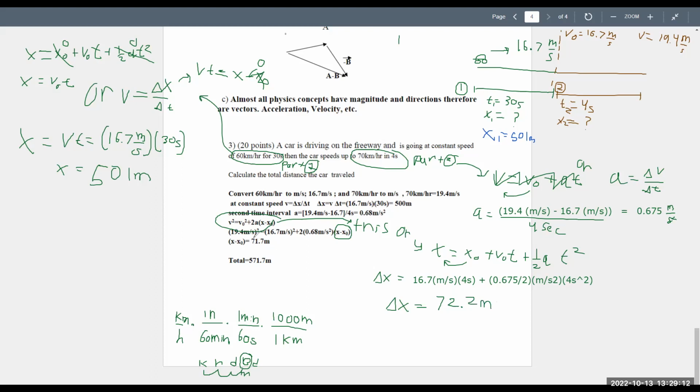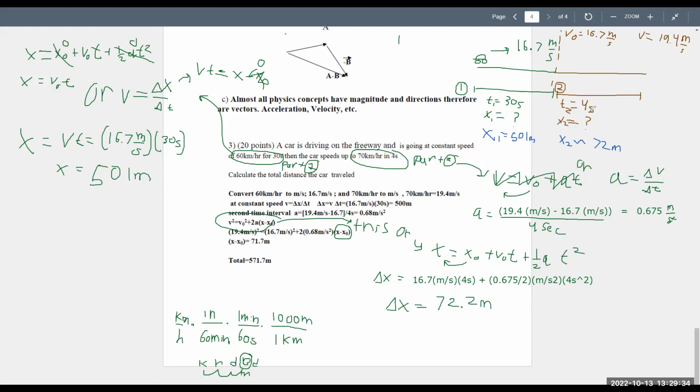Which is about the same as this one. I guess this one's a little more accurate since you already have your V squared in there. But either way, it's about 71 and then you add them together. So it's about 72 meters.